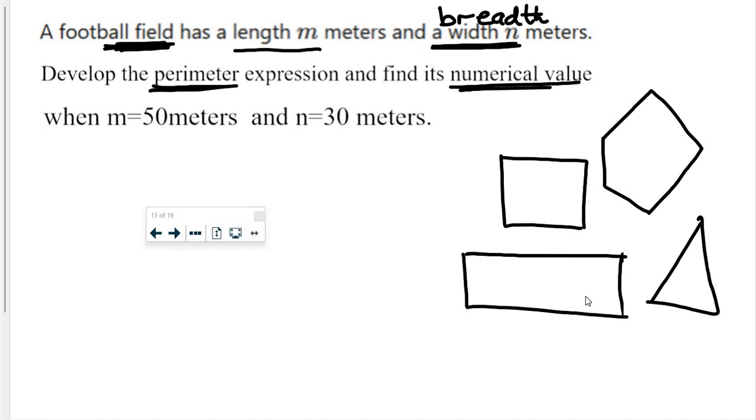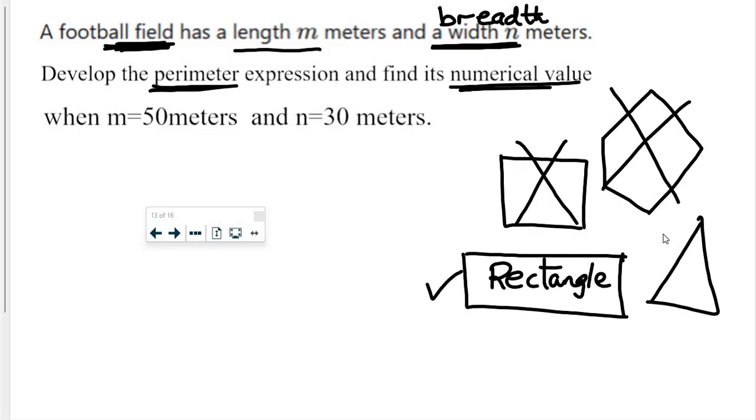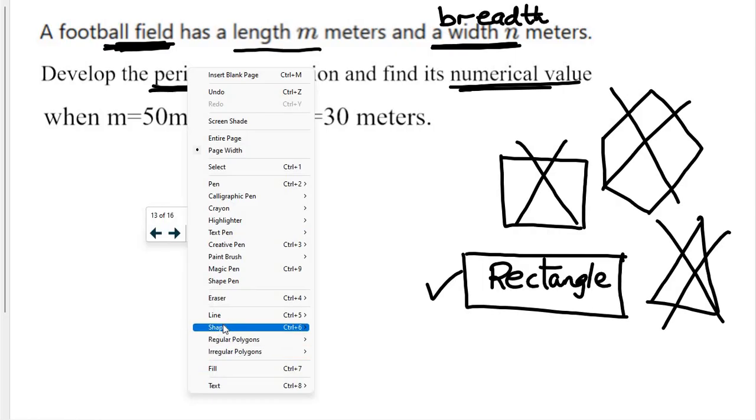If you answered that a football field is in the shape of a rectangle, then your answer is correct. A football field cannot be a square or a triangle. So in normal cases, a football field takes the shape of a rectangle.